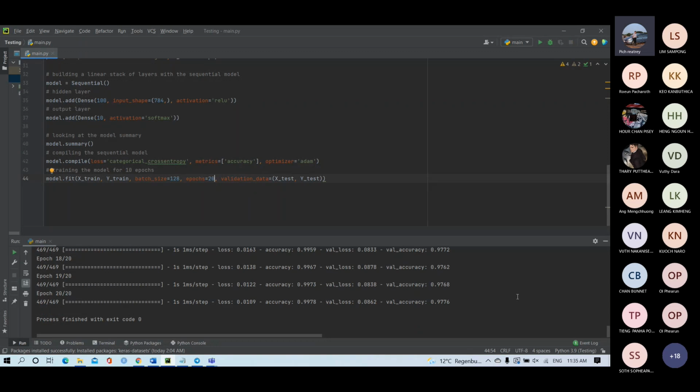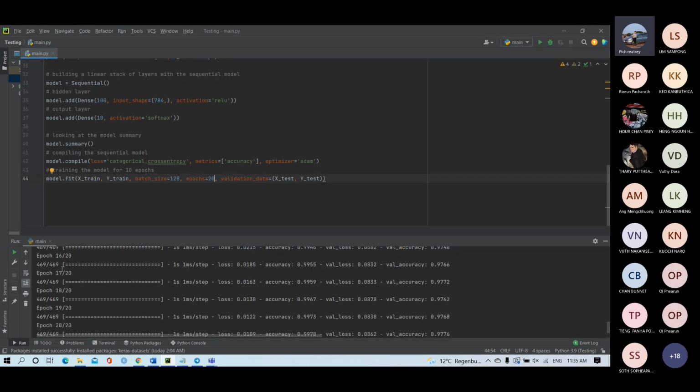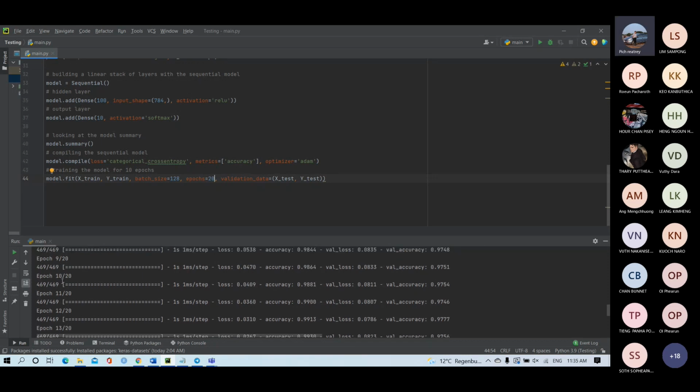As you see, why do they use epoch only 10, not 20? Because from epoch number 10, there is no significant improvement. So they decide to run only 10 times, because if it ran many times, it would just make the worst case. So they stop.